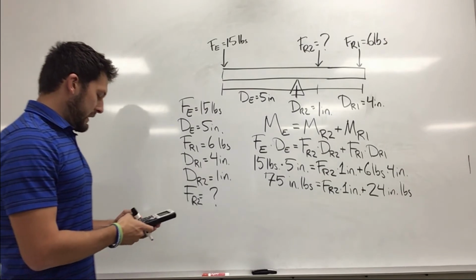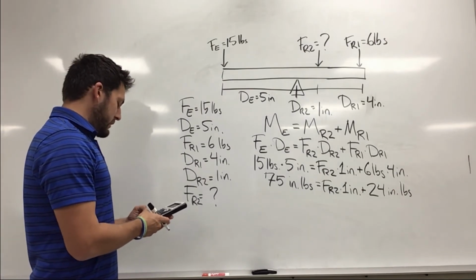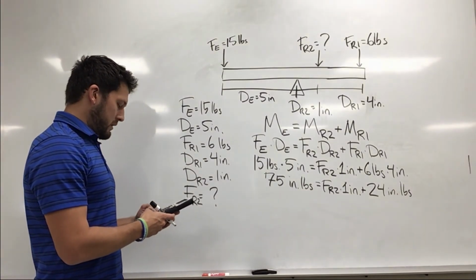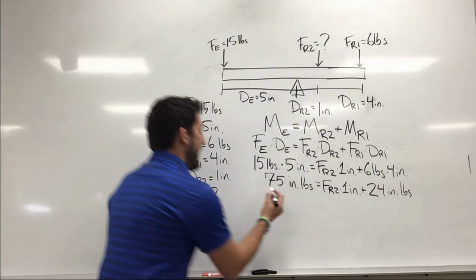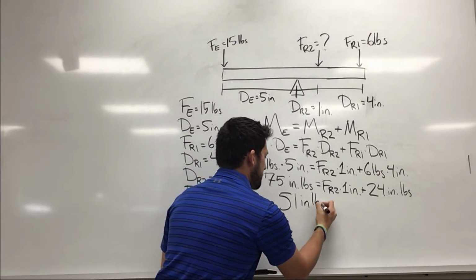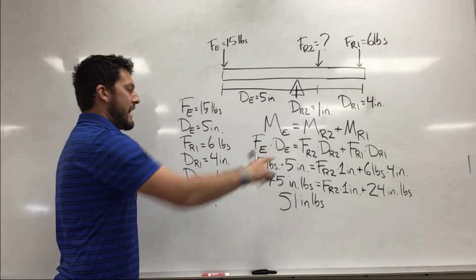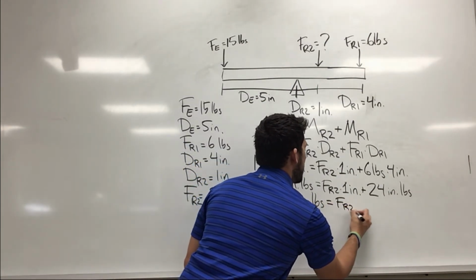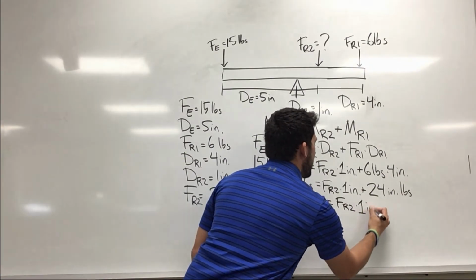Cool, so let's keep it going. I'm going to take 75 minus 24, see if I can isolate that. Whoops, typed in the wrong number there. So I have 51 inch pounds after I subtract that 24 over is equal to Fr2 times 1 inch.